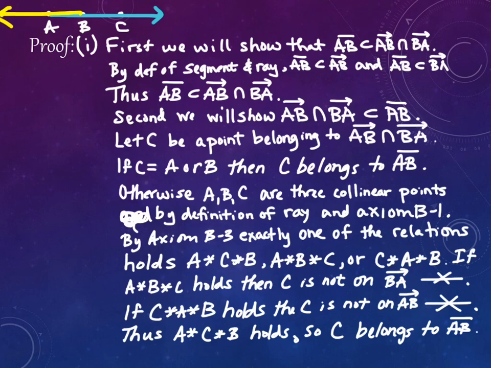What we did is we actually showed that segment AB is contained in the intersection and that the intersection is contained in the segment AB. So since there's containment in both directions, what would have to be true? They are equal.